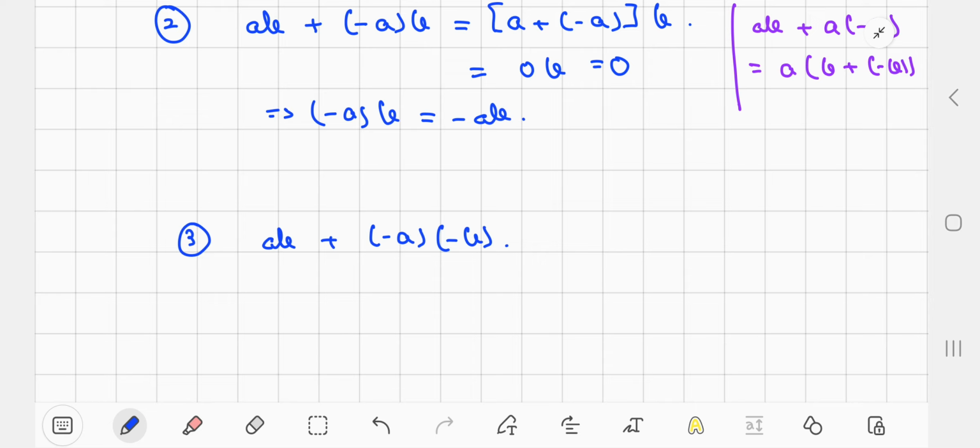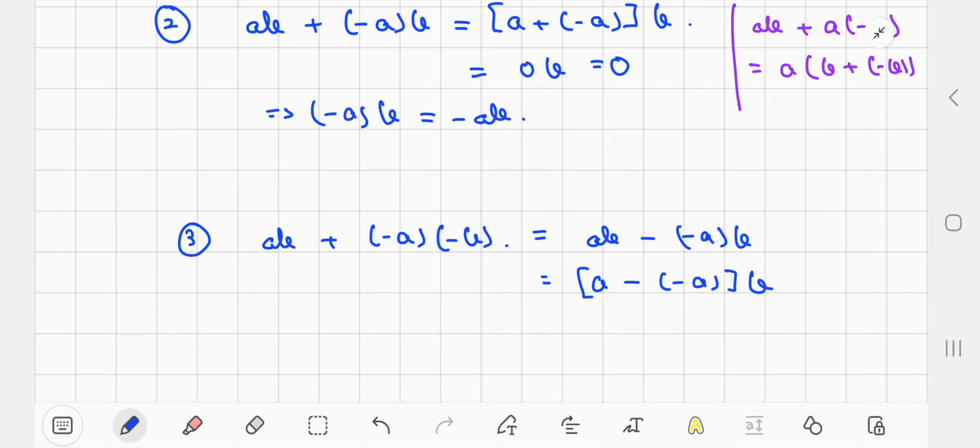Now one thing which we already know is that this straight away follows from 2. I can write this as ab minus a times b, right? But I can take this as a minus of minus a times b, right?